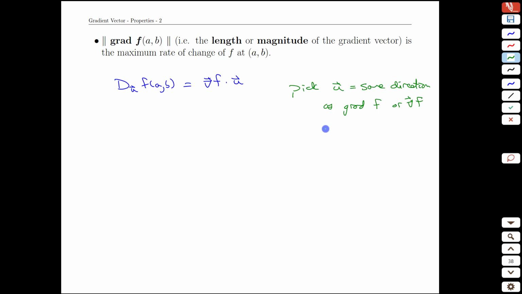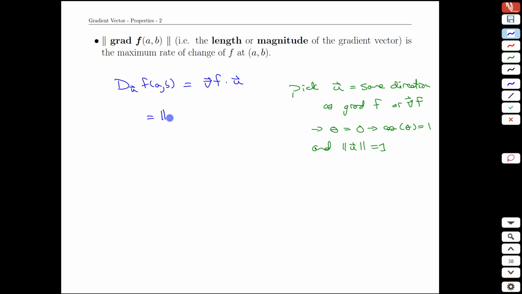Then the angle between them is 0, which gives us the cos of the angle between them is 1. And we pick u in that direction, but we keep u being a unit vector. So if the gradient is big or small, doesn't matter. We just pick u in the same direction, but length 1.